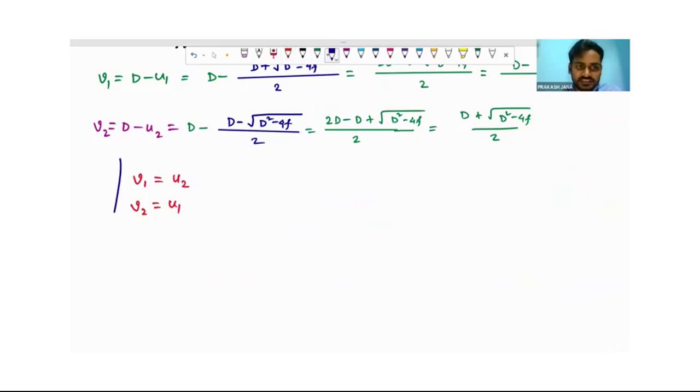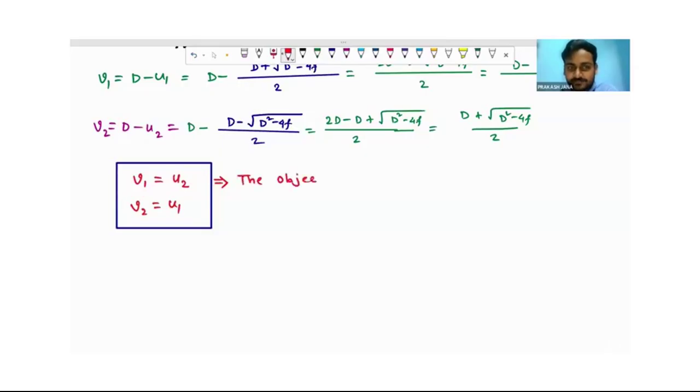We notice this. So what conclusion can be drawn from this? We can conclude that the object distance and image distance can be interchangeable.